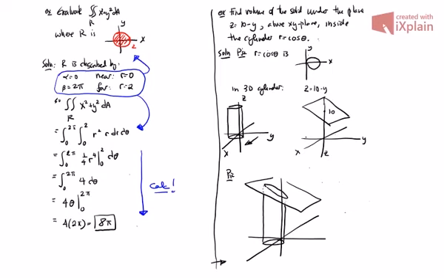And the thing that we're interested in is this volume that's in here. So the plane is on top. And of course, we're above the xy plane, so down here, the xy plane is the bottom.